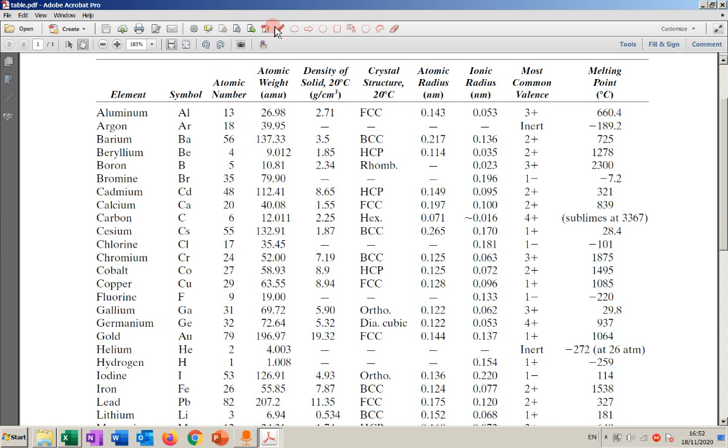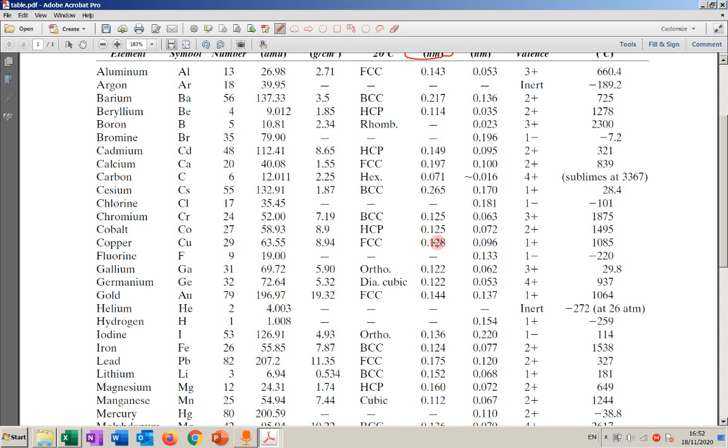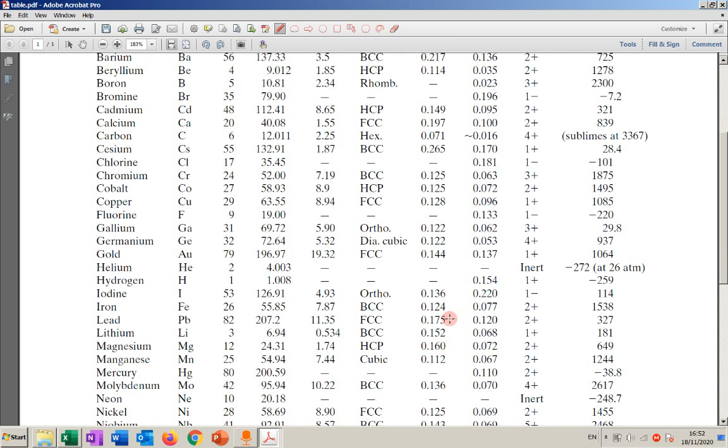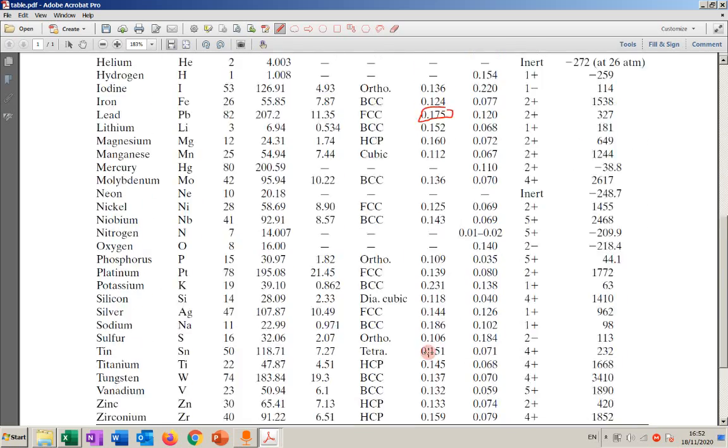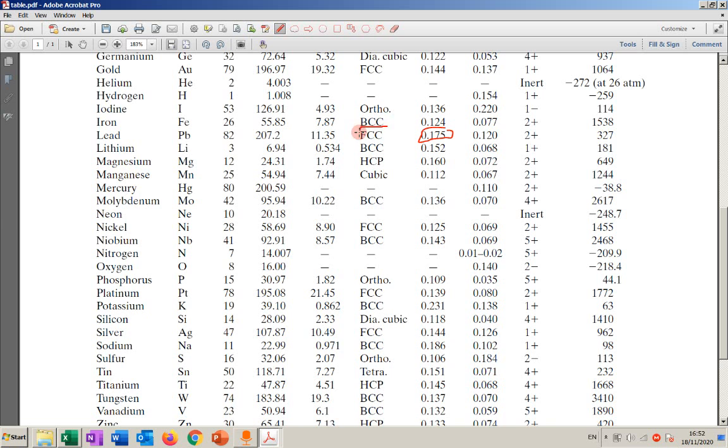Now I'm looking for 2 things, an FCC crystal structure and the atomic radius. We're looking for 0.175. We're going to come down. We have 0.175 here. Let's see if we have another 0.175. We don't have any other 0.175. If you check, it says FCC crystal structure. Yes, we have an FCC crystal structure with atomic radius 0.175. So the element that we have is lead.